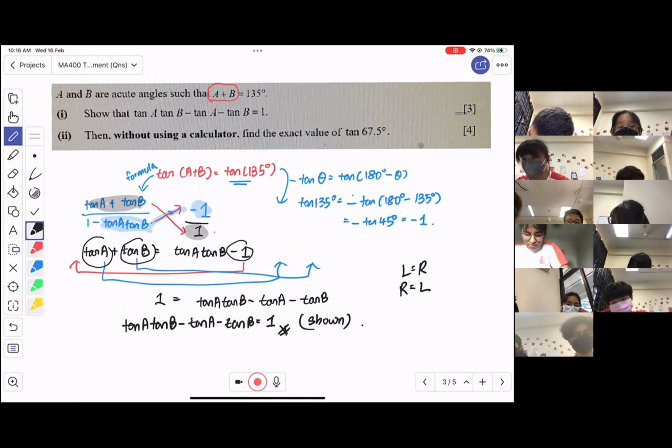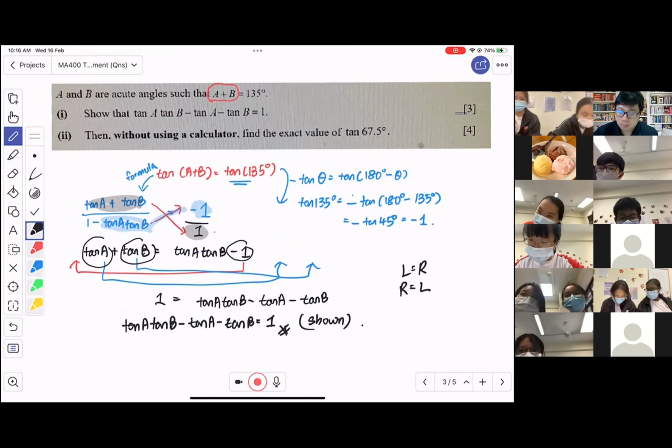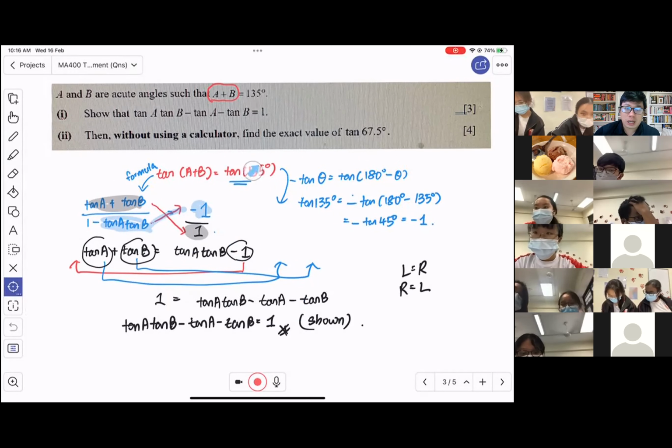Wait, Mr. Tan, how did you get the negative 1 over 1 for tan A plus tan B over 1 minus tan A tan B? Okay, because tangent 135 is equal to negative 1. One way is I can use a calculator.